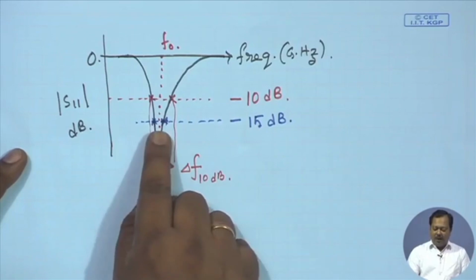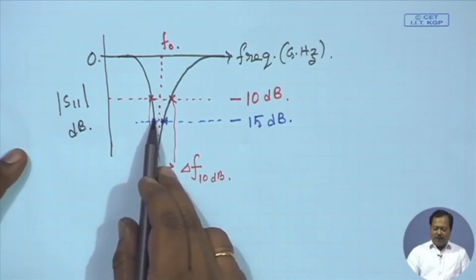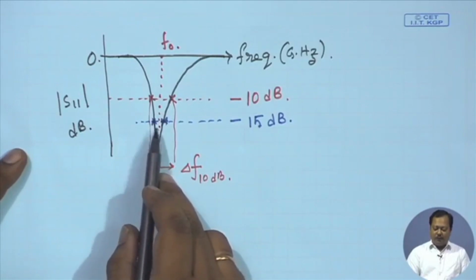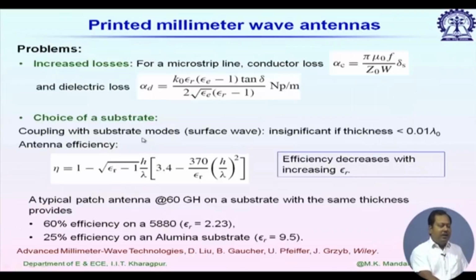So, over this band we can say that at least 95% of the power is being accepted by the antenna port. With this definition, now let us see what problems we face at millimeter wave frequencies.